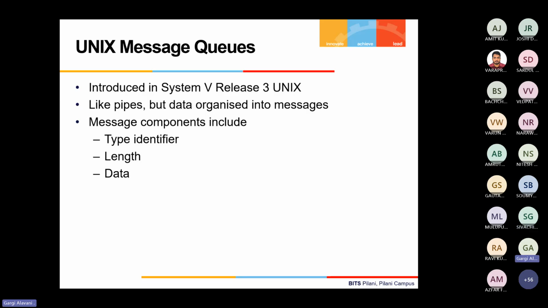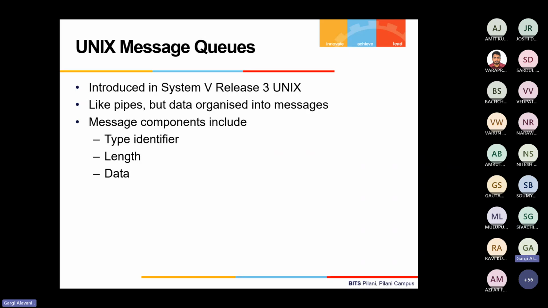Each message will typically have three components. The first one is an identifier, which lets the process filter and select specific types of messages. There will be a length field which specifies how much data is in the message, and the last part is the actual data being transferred.